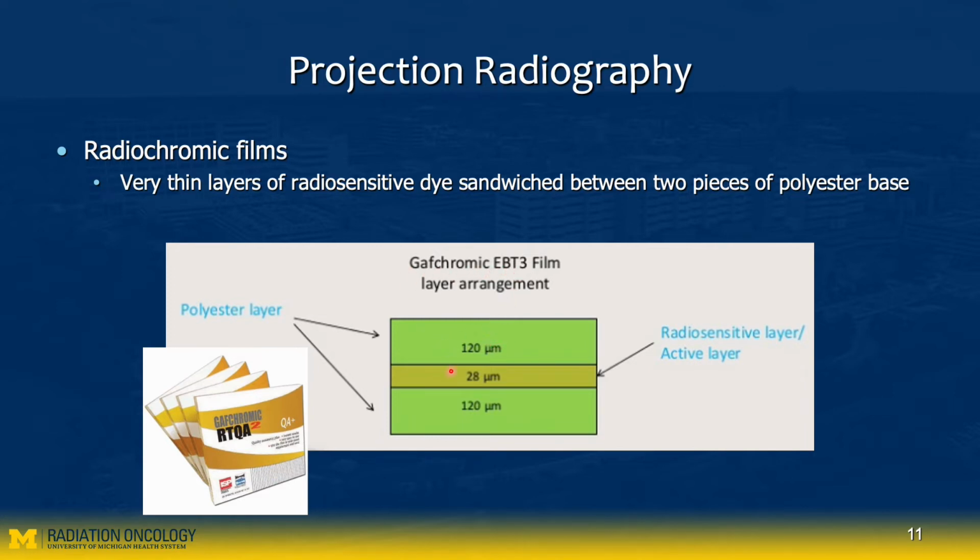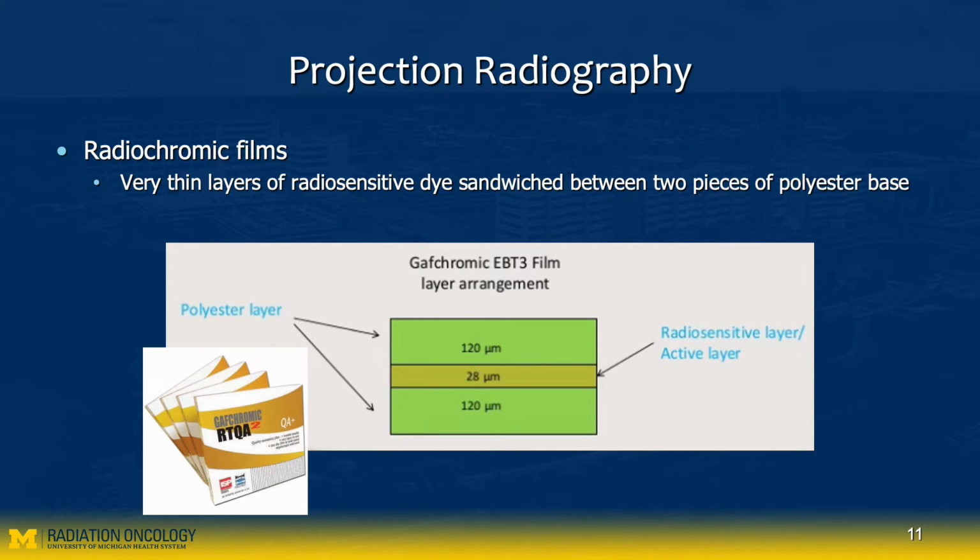This particular film has an active, sensitive layer, a very thin layer that is sandwiched between polyester bases. This is the layer where, when it interacts with radiation, it polymerizes and becomes darker. The color changes with the radiation.